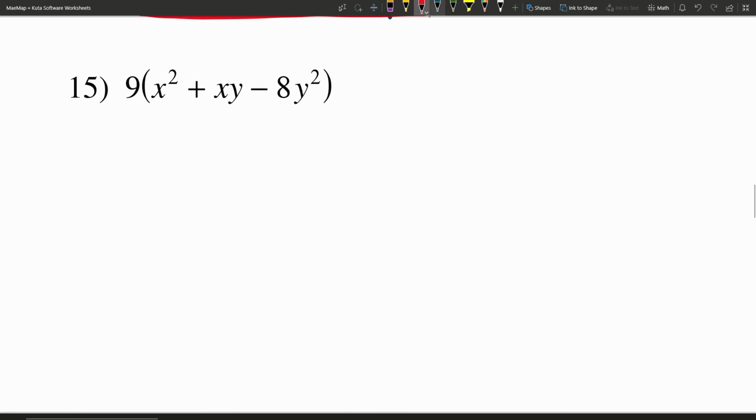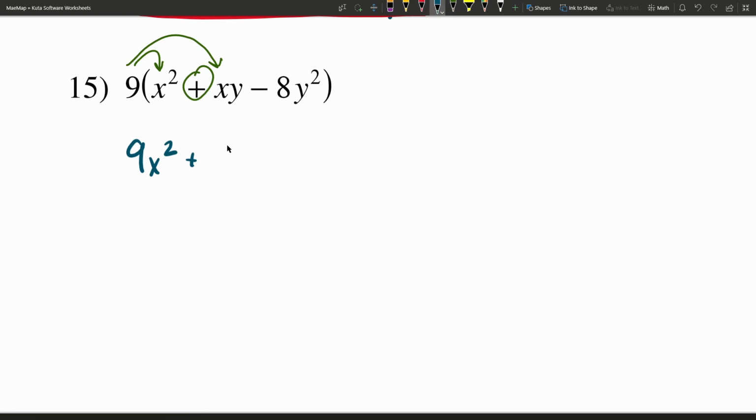We're going to take our 9 and multiply it by our first term, add it to the multiplication of it with our second term, and then subtract it with our multiplication by our third term. So again, we're going to take 9 and multiply it by x squared. That's going to give us a 9x squared. And then we're going to add that to 9 times xy, which 9, x, and y are all different things that can't be combined.